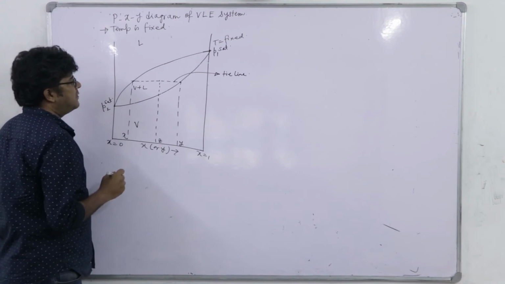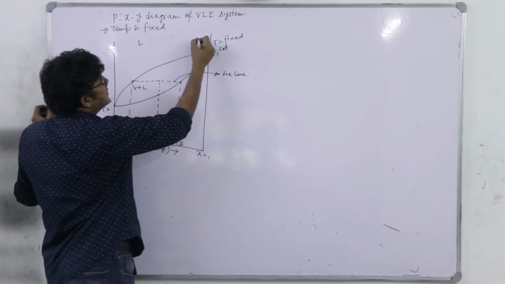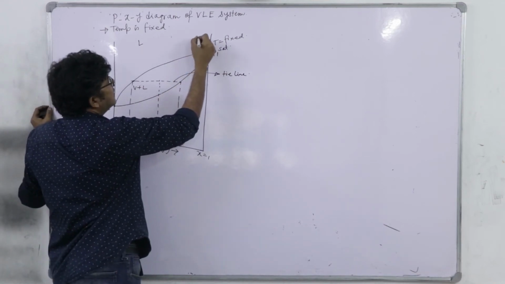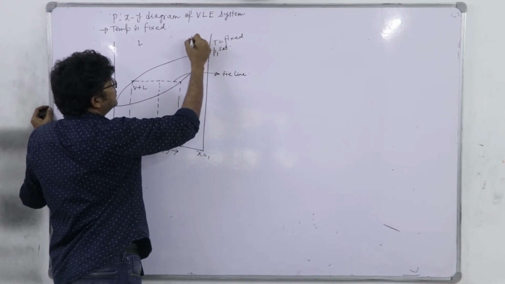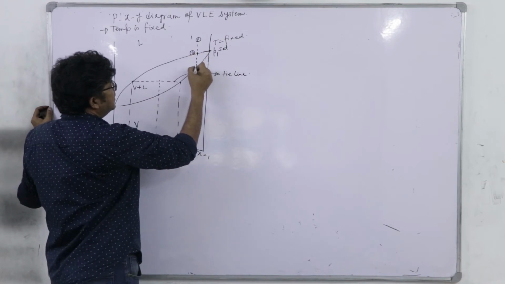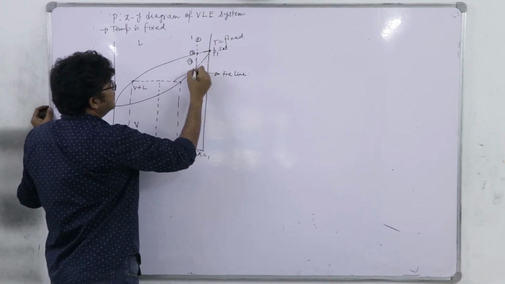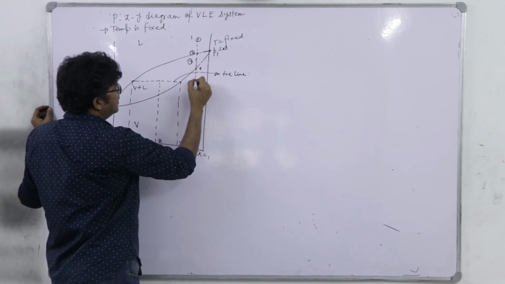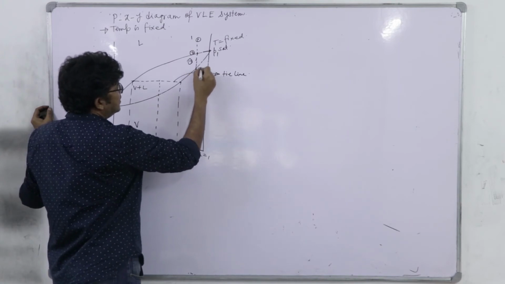So again, 5 different thermal states are possible. If I think here, this is subcooled liquid, this is saturated liquid, this is two phase, this is saturated vapor, and this is superheated vapor.